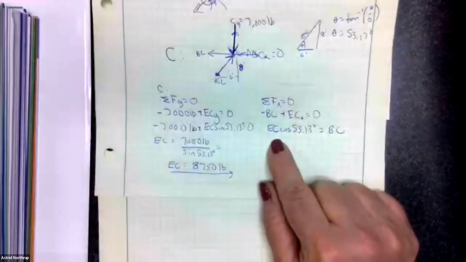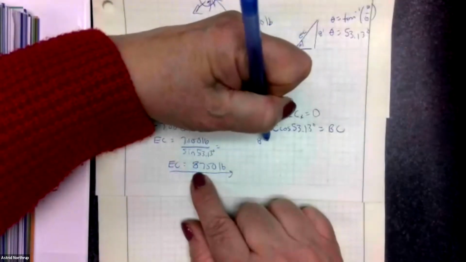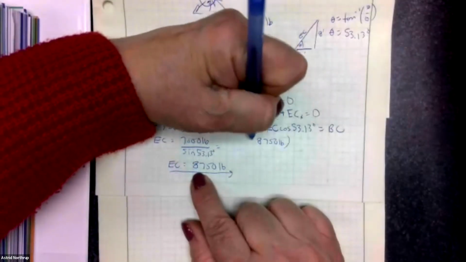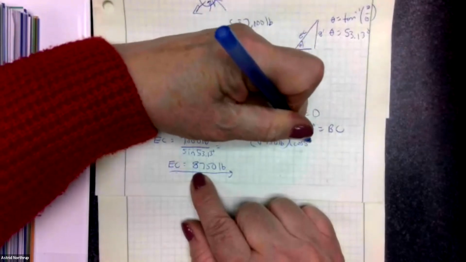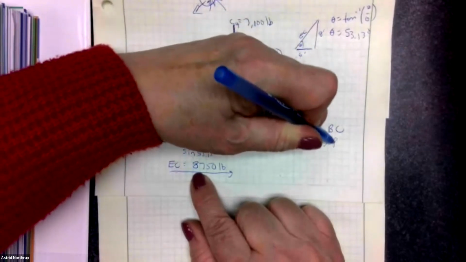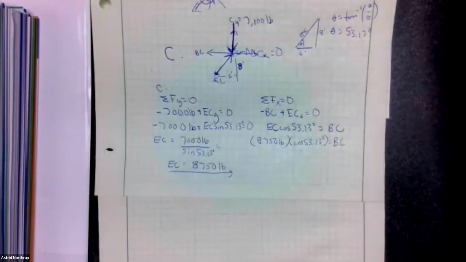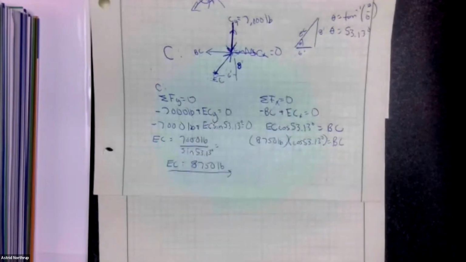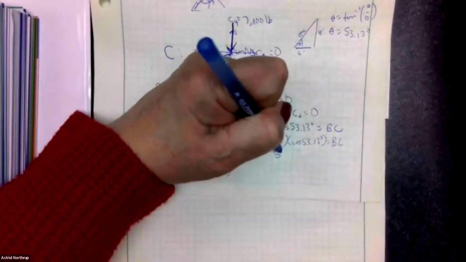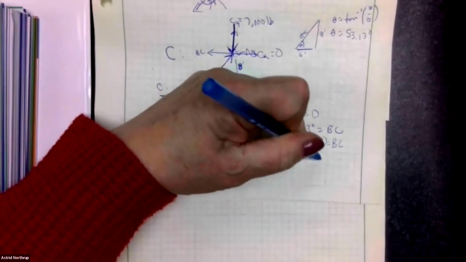So that's equal B sub C. So I know the value of E sub C, 8,750 pounds, times the cosine of 53.13 degrees equals B sub C. So cosine 53.13 equals 0.6, which I knew from this diagram, times 8,750 pounds equals 5,250 pounds equals B sub C.